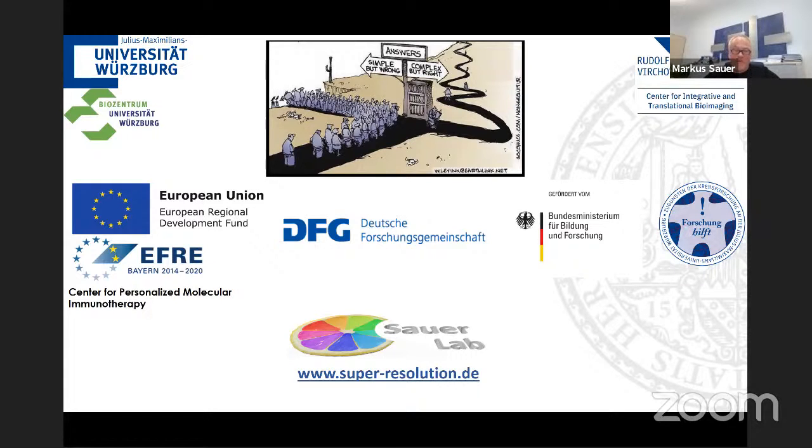And from my point of view, many biologists are super happy if they use tenfold expansion and combine it with standard microscopy, confocal or structured illumination microscopy, because then you achieve already 25 nanometer resolution in 3D.